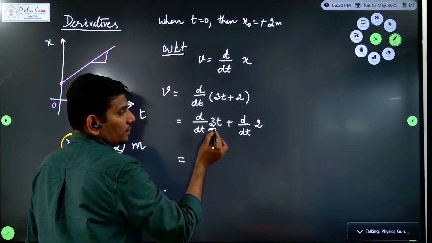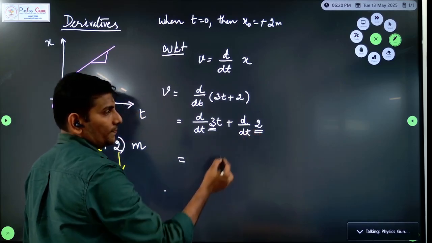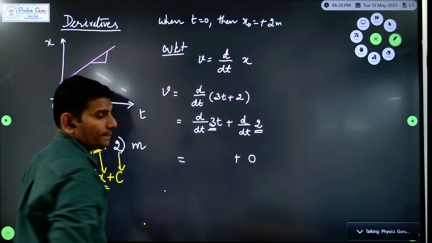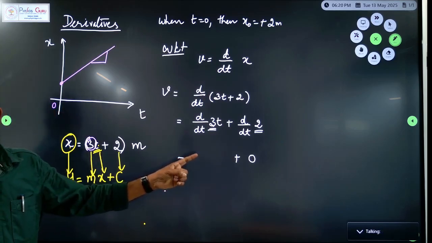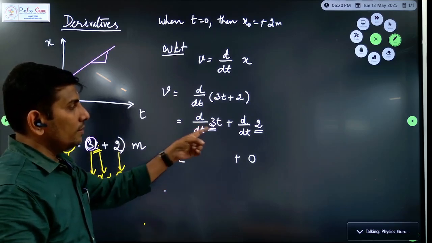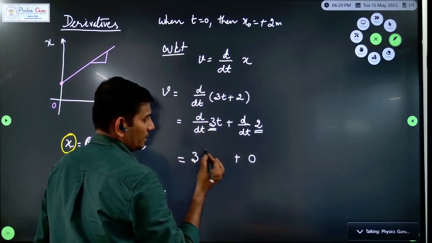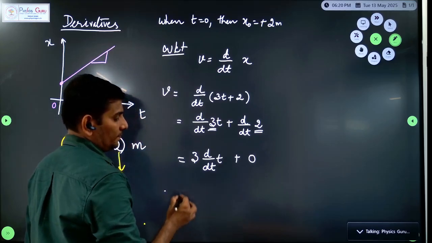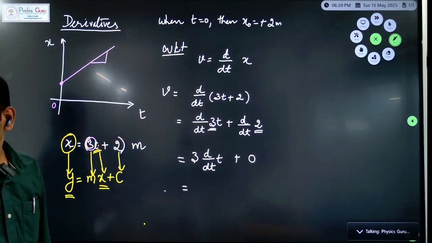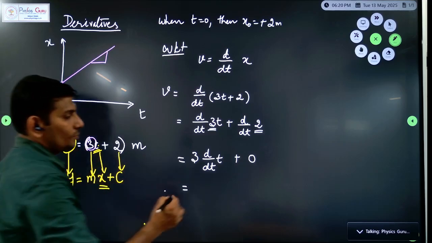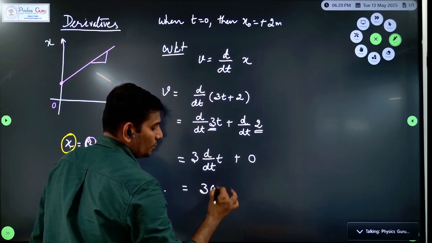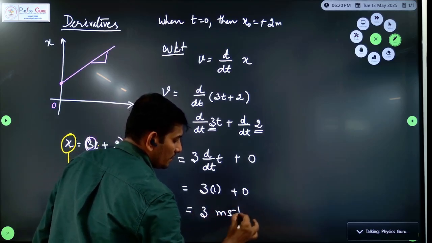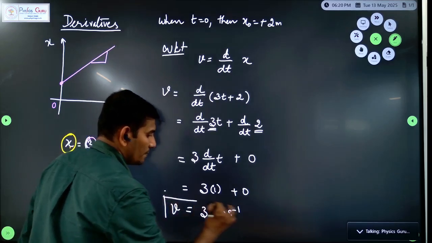Since d by dt of any constant is equal to 0, and here the constant is preceding a function, so the constant stays outside d by dt of t. So what is d by dt of t? 1. So it is going to be 3 into 1 plus 0. That is equal to 3 meter per second. That is the velocity, sir.